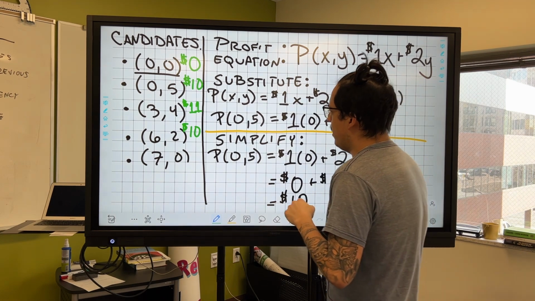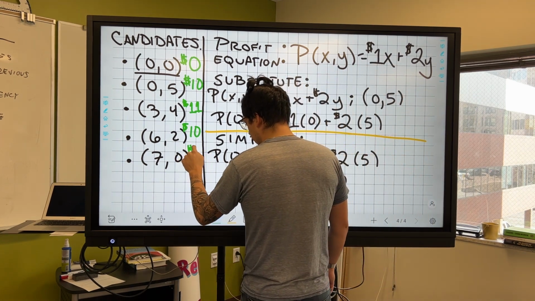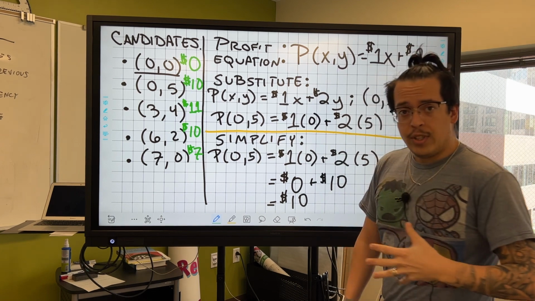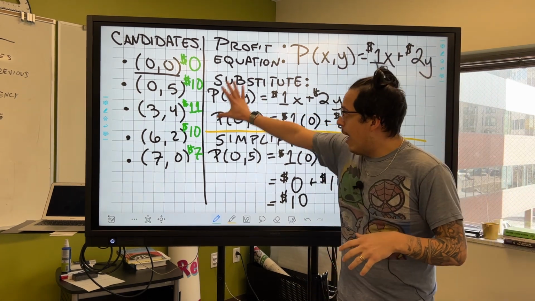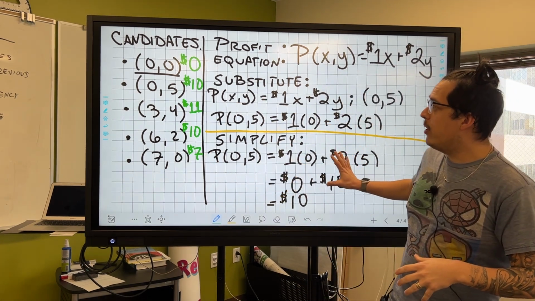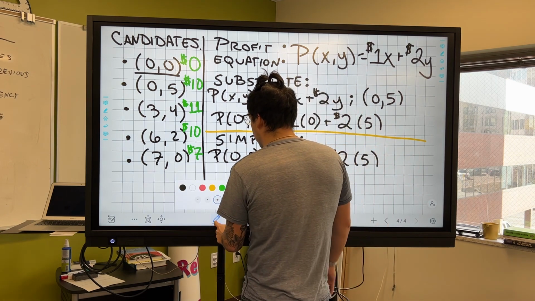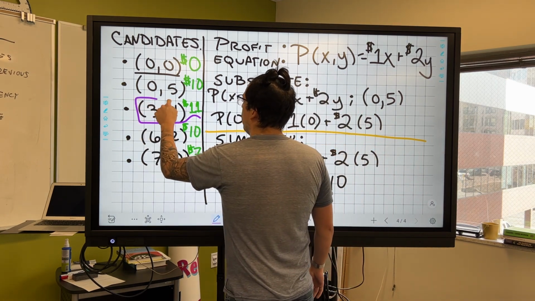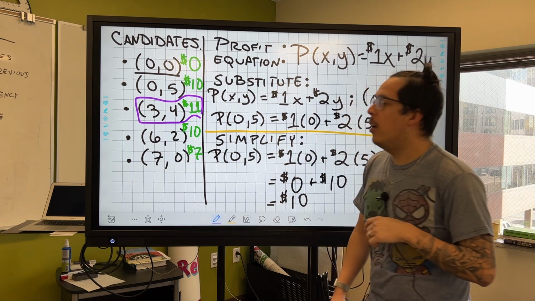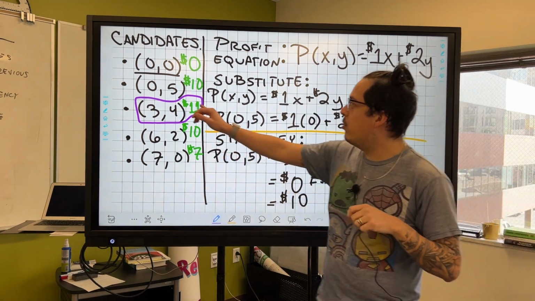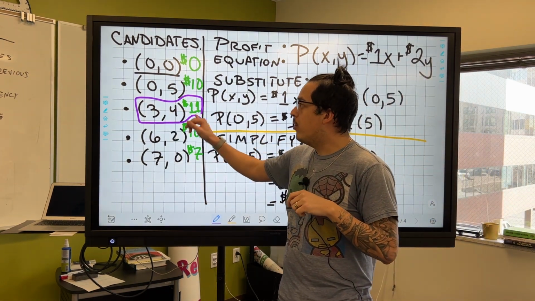And 7 plus 0 is 7. And just like we saw before, when we had our graph and our grid with all of our points, the maximum profit in the case where Otto makes $2 on a truck and $1 on a car is $11 when he makes 3 cars and 4 trucks.